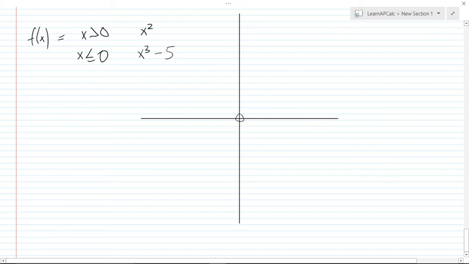So this is the graph of f of x, and it's going to look like so. I'm sorry, that was a poor drawing. Okay, so here's f of x.